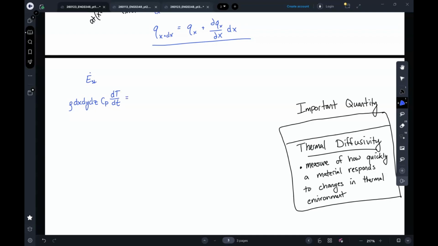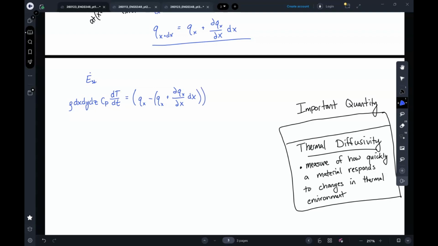So accumulation equals in, so that's qx, minus out, which is qx plus dqx dx times dx. So again, kind of a funky way to write things.